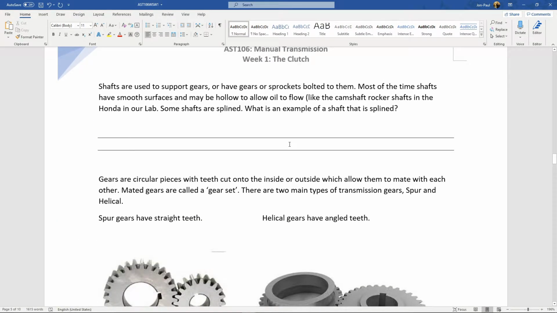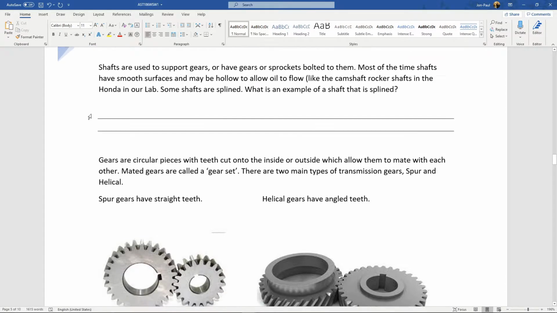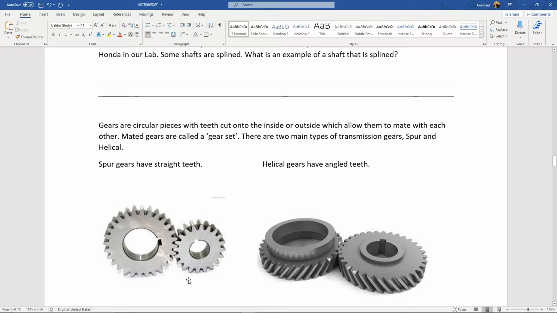And let's go through this real quick. If I say the word shaft, that means what the gears are on. And the gears or sprockets are fixed, clipped, or bolted onto the shafts. In any transmission, we have to have gear sets. So any transmission I speak about, when we say first gear, it's not one gear.